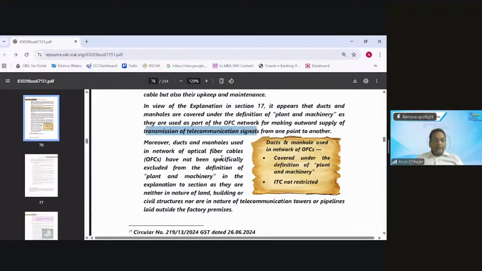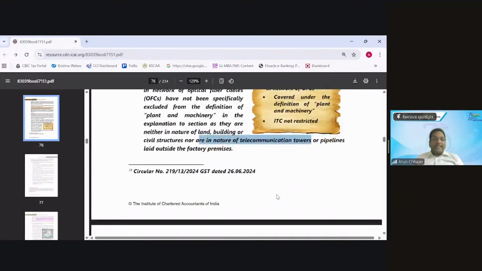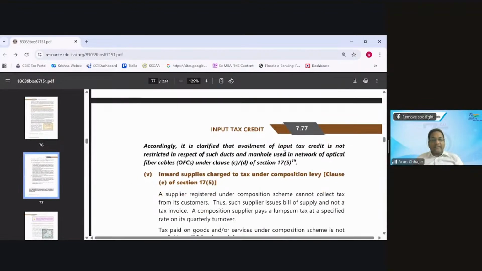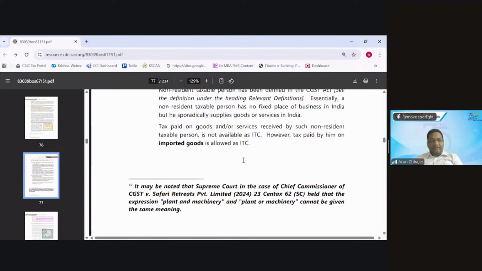Moreover, the duct and manholes used in the network of OFC have not been specifically excluded from the definition in the explanation, as they are neither land, building or civil structure, nor are they in the nature of a tower or pipeline. Therefore, the ITC would be permitted on this expenditure. Accordingly, it is clarified that availment of ITC is not restricted on such duct and manholes used in the network of OFC under clause C and D of 17.5.